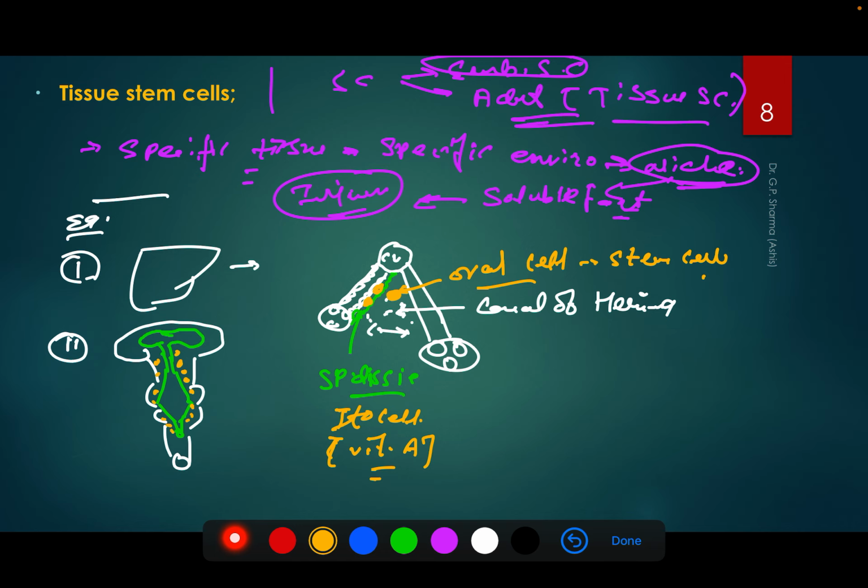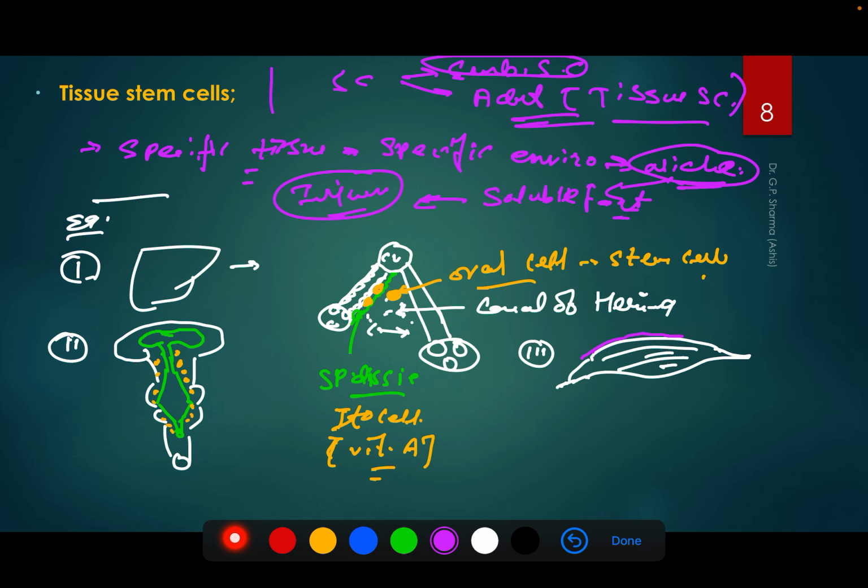So this is one side, and another site for the stem cells is the muscles. We have the muscles, and then the muscles have the covering outside. Within the covering of the muscles, the basal lamina, the outer covering of the muscle we have here, right?